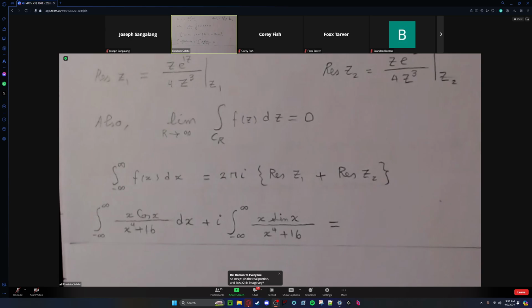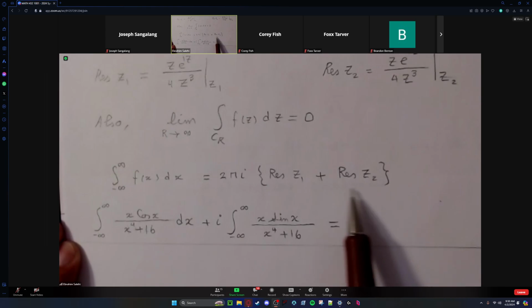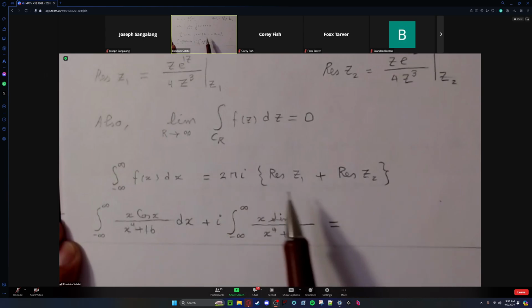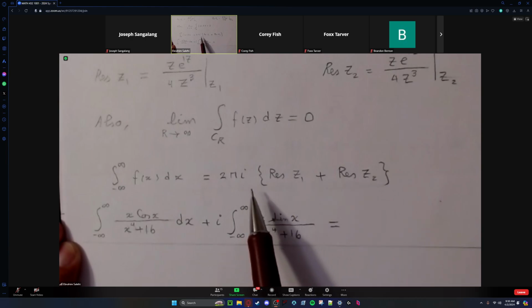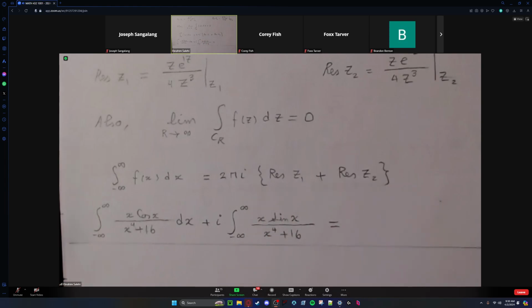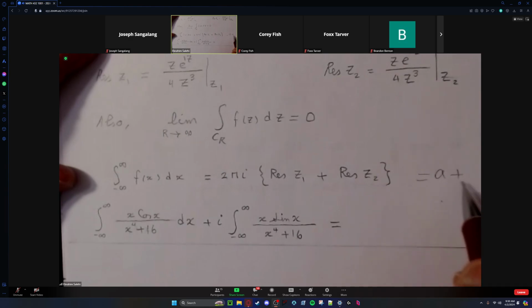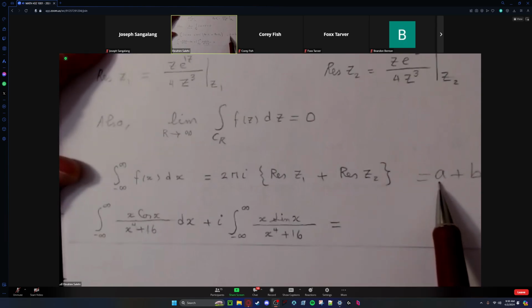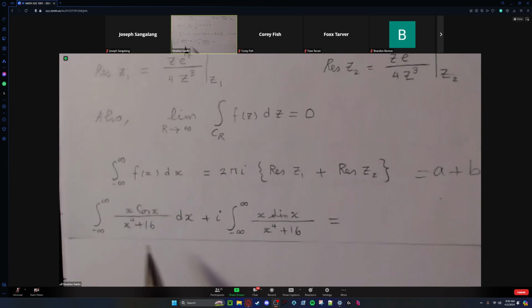Well, after we compute the right-hand side, this is going to be a complex number, like a plus bi. You have this equation, two complex numbers being equal, right?